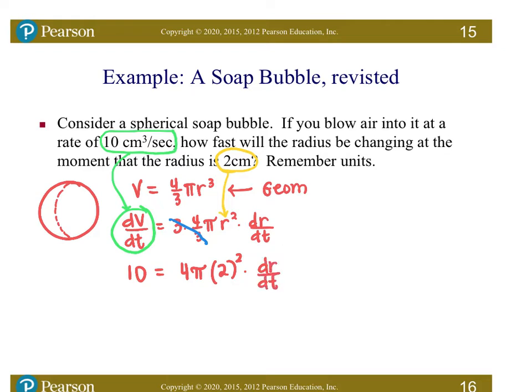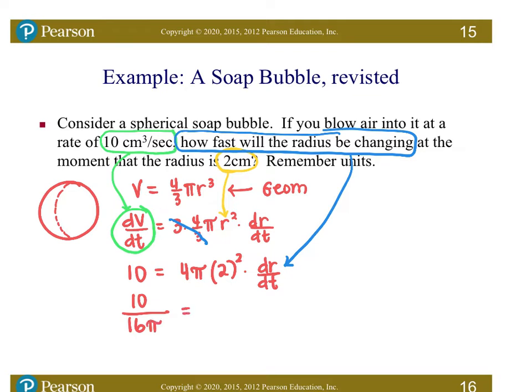To answer the question of how fast the radius will be changing, we get dr/dt by itself. When we divide, we have 10 divided by 16 pi. That equals dr/dt. When we reduce the 10 and the 16, we have 5 over 8 pi.